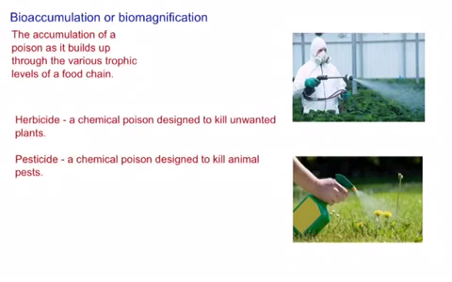Herbicide being killing unwanted plants and pesticides for killing unwanted animals. So when these poisons build up beyond their recommended concentrations, they're capable of killing animals that they weren't designed to kill. So let's have a look at how this can actually work in the next slide.